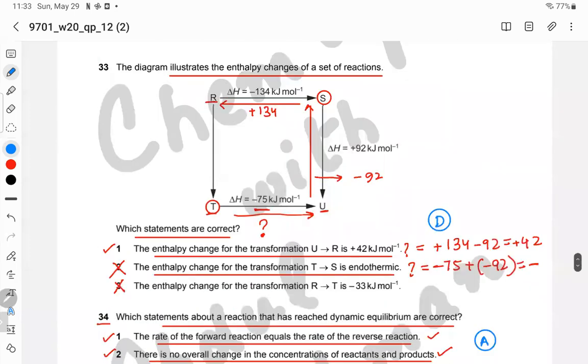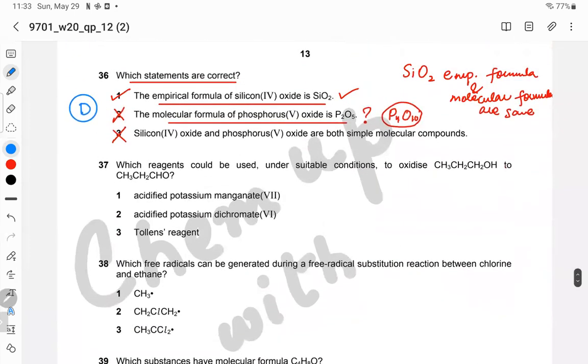But if you want to know why it is wrong, let me explain. Silicon 4 oxide and phosphorus oxide are not both simple molecular compounds. Phosphorus oxide is a simple molecular compound, but silicon 4 oxide is giant molecular.